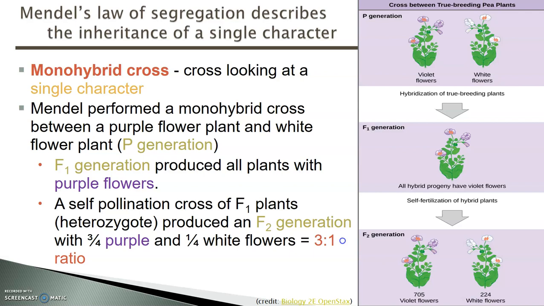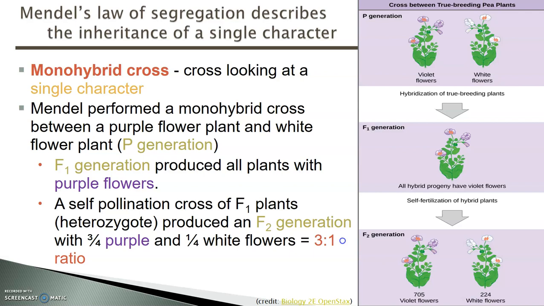Now, when he counted it all up, what he found is 3/4 of these flowers were purple and 1/4 were white. So this gives us what we now think about as a 3-to-1 ratio. For every 4 plants, 3 of them come up with the dominant trait, which is purple, and the 1 out of the 4 comes out with the recessive phenotype, which is the white.